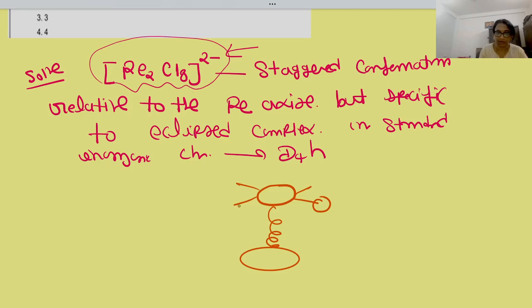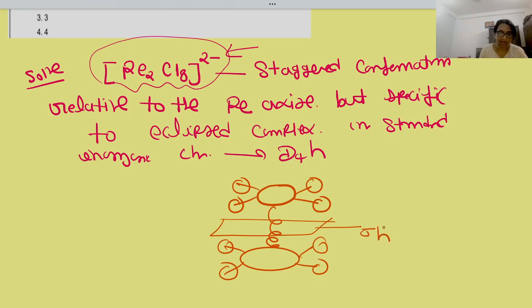There are 8 chlorides, 1, 2, 3, 4, and the other 4 are arranged like that below the second rhenium. In this phase, there is a plane of symmetry, sigma h, and here the sigma v, and also here the sigma v, and 2 negative. On the basis of this, the point group is D4h.